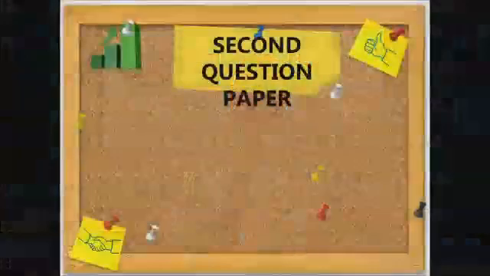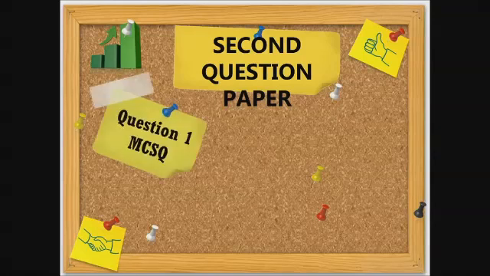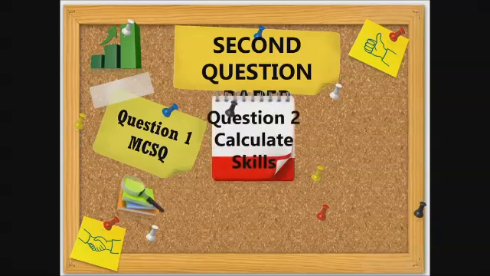The first thing I want to have a look at is what the second question paper looks like. Firstly, the first question is multiple short questions. People, you must know what the question paper looks like. The second question will deal with calculation and your map work skills or techniques.